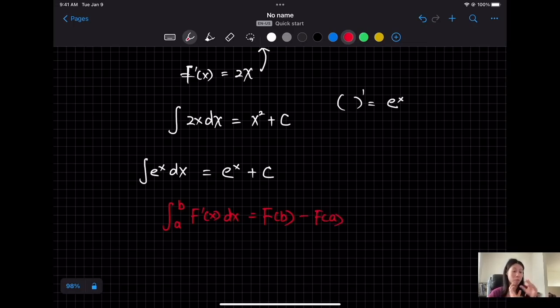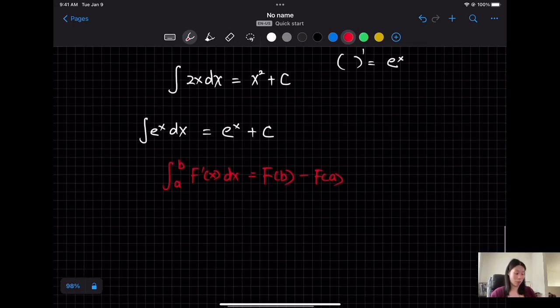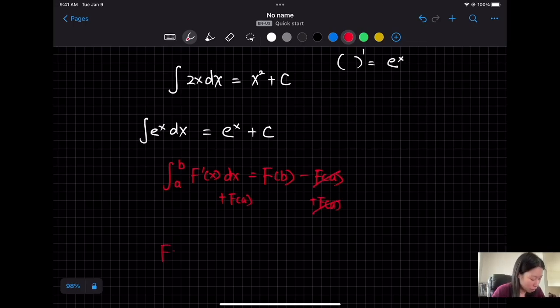If we manipulate the equation a little bit, we add f of a to the same side. So we will have f of b equals f of a, the original function, plus the integral from a to b of f prime of x dx.